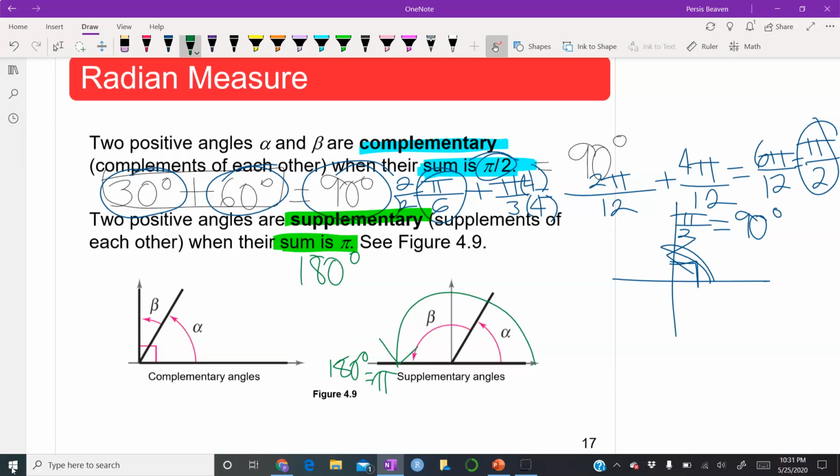Let me give you an example. Let's say that alpha is equal to 60, and then beta is equal to 120. So if we were to add those two angles, we will get 180. That's what we call supplementary.